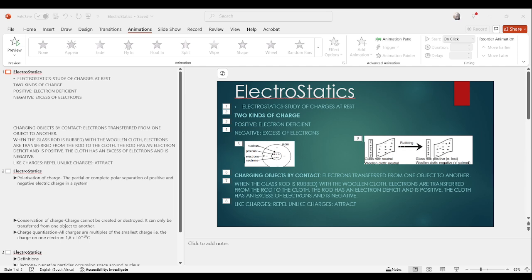Can you see the negative charges around the nucleus? Yes, sir. They are the ones that move. So electrons are negative charges. Protons are positive charges. Neutrons are neutral, meaning they are neither positive nor negative.